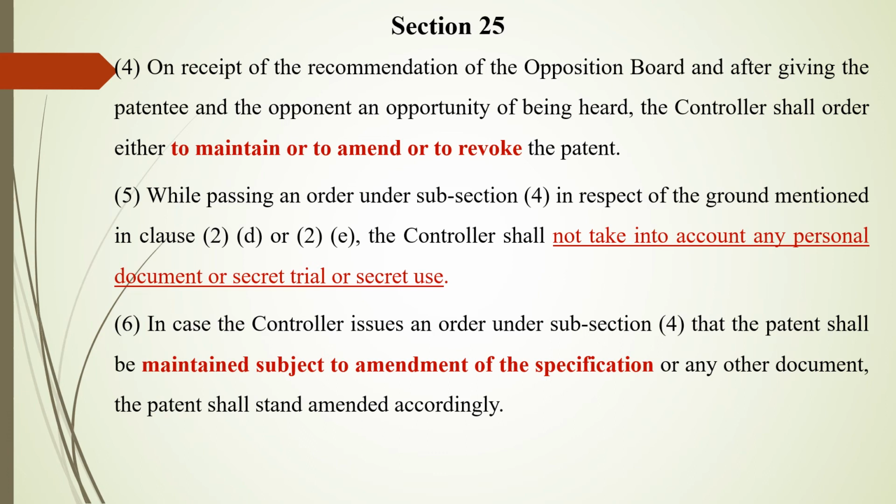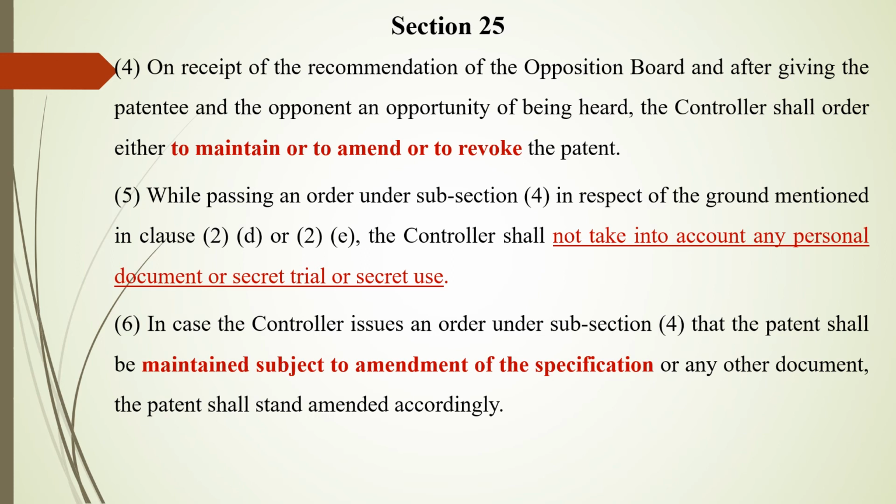Subsection 5. While passing an order as discussed under subsection 4 in respect of the ground mentioned in clause 2d or 2e, controller shall not take into account any personal document or secret trial or secret use. Subsection 6.